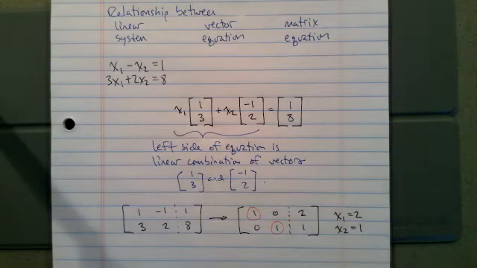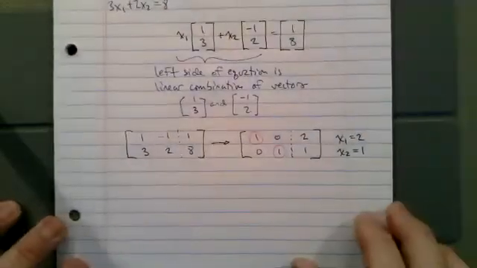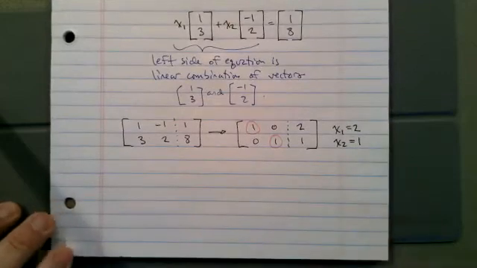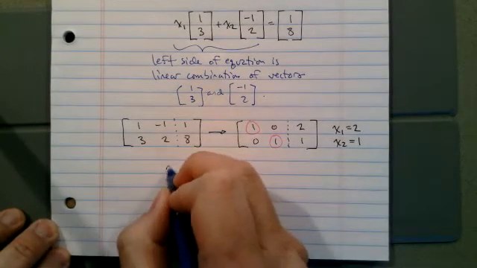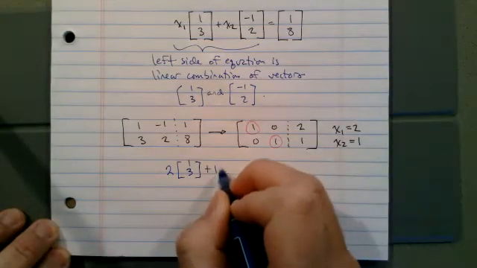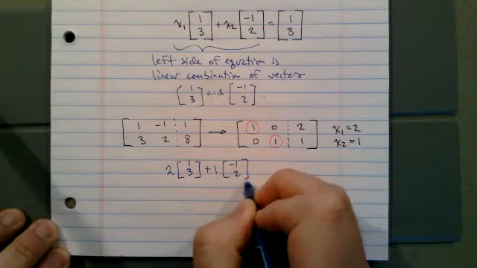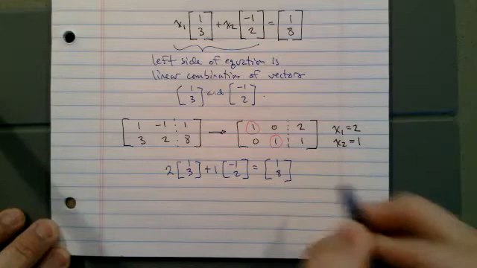So if I take 2 times 1, 3 plus 1 times negative 1, 2, we get, let's see, add things up, 1, 8, just like we suspected.